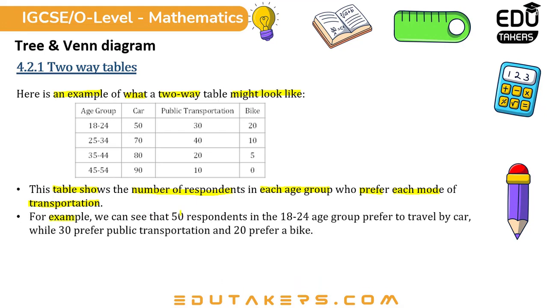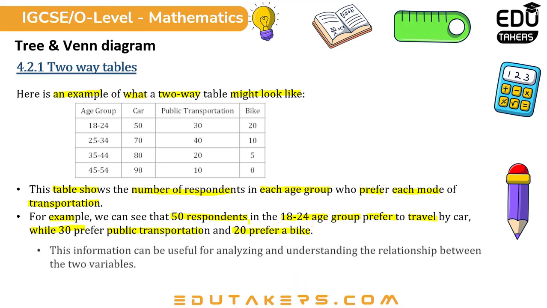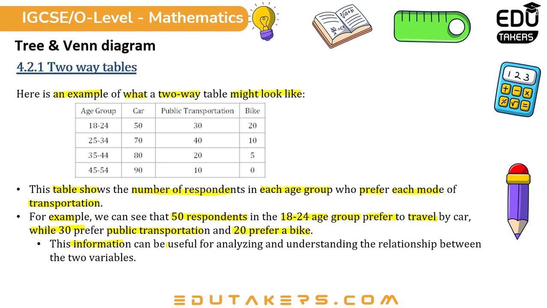For example, we can see that 50 respondents in the 18 to 24 age group prefer to travel by car, while 30 prefer public transportation and 20 prefer a bike. This information can be useful for analyzing and understanding the relationship between the two variables.